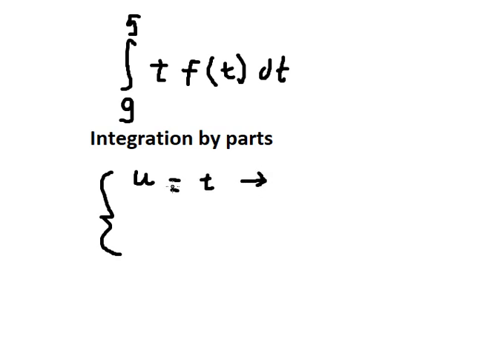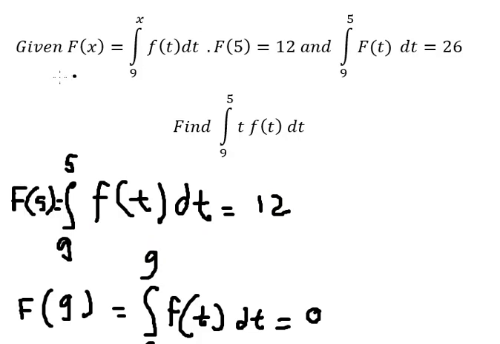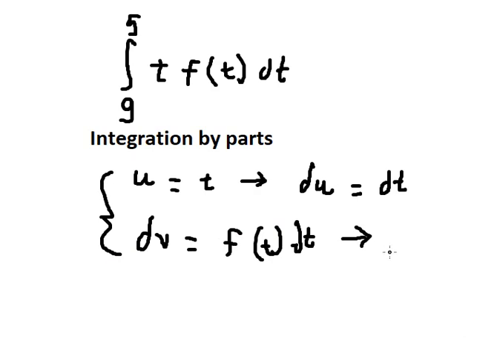Later we do first the derivative for both sides, and we have du equals dt. dv is f of t dt. So the integration of this one, we have the formula in here. The integration of f(t) dt is capital F of s.